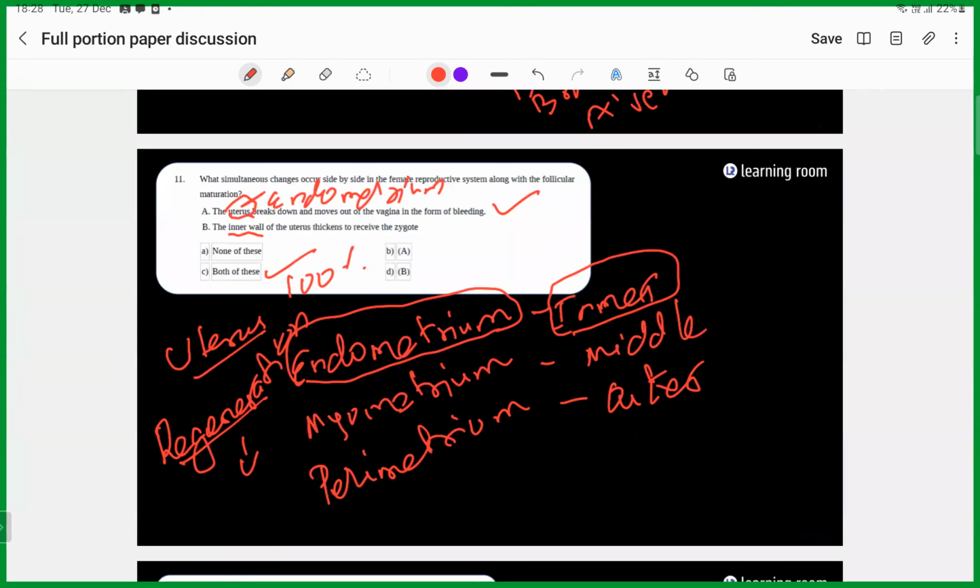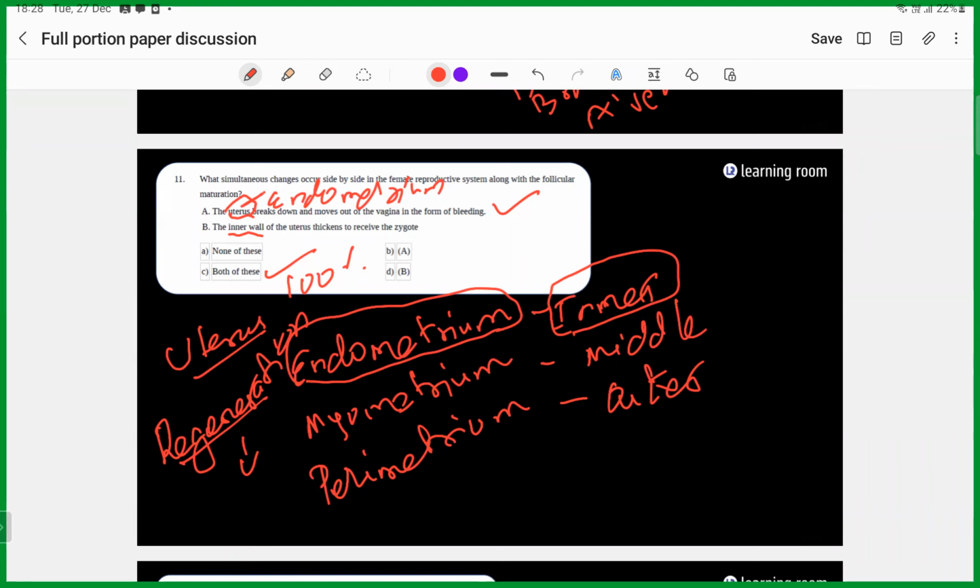Is it clear? Still confusing? I'll try to understand, sir. It's fine. In the sense, replace the term uterus and put endometrium there. Now you can understand both the sentences are correct.